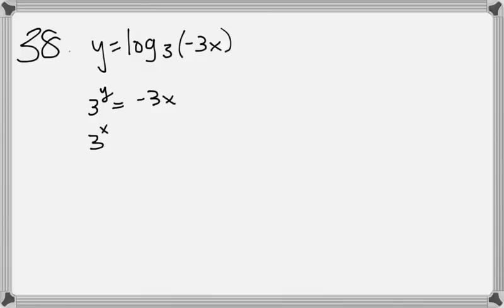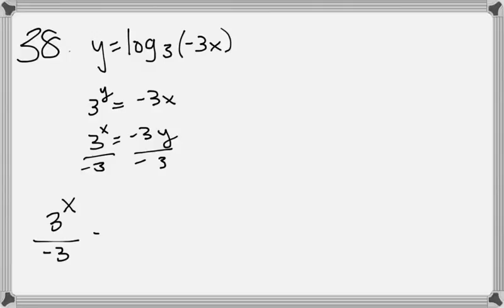So you have 3 to the x equals negative 3y. What are we going to do now? Divide by negative 3. Be careful about this one because you can simplify this probably a little bit more than you think. So what is 3 to the x over negative 3? Can I simplify that one side any?